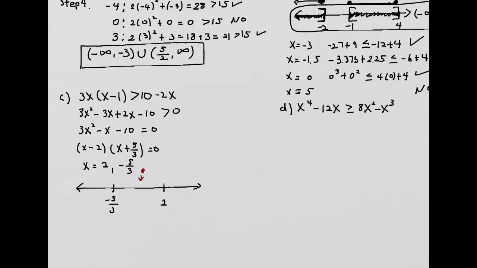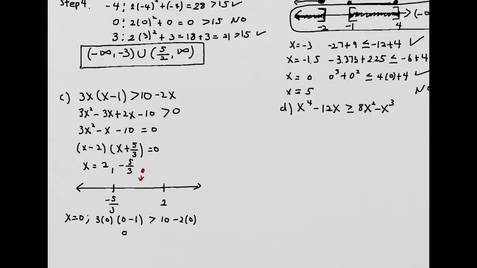So then, let's see. I'm going to let x equal 0. Then I get 3 times 0 times 0 minus 1 should be greater than 10 minus 2 times 0. All this, no matter what I have, when I'm multiplying by 0, it will be 0.